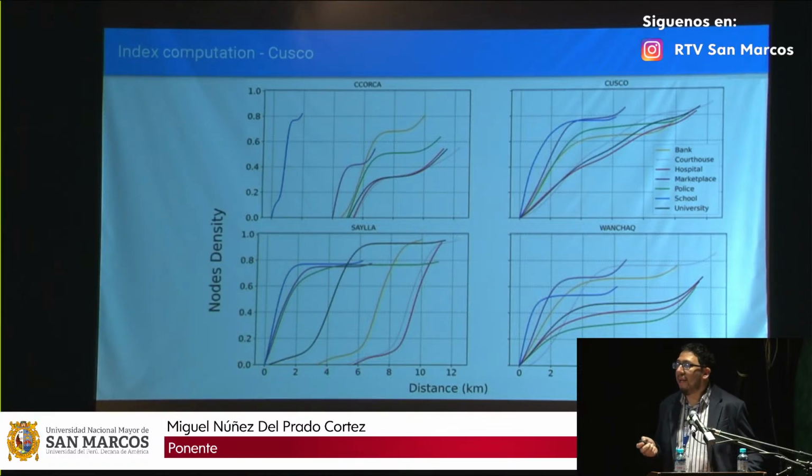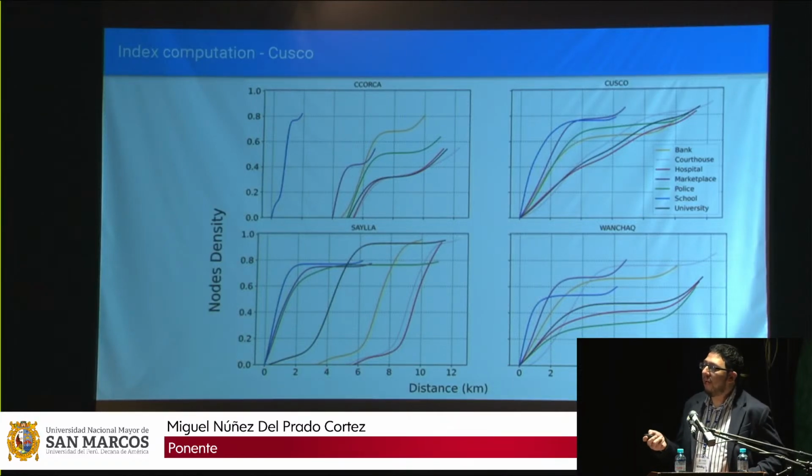So here the idea was to show in a graphical way the distance that citizens need to go through with public transportation to reach, for instance, a percent of the district coverage with the different services.